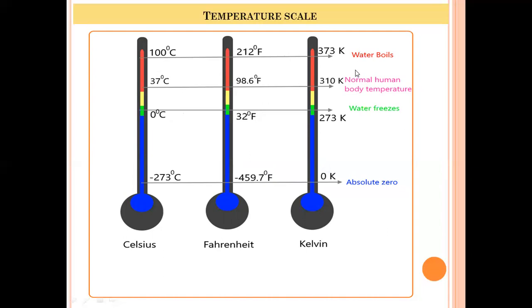Water starts boiling at 100 degrees Celsius, which is 212 degrees Fahrenheit, and on the Kelvin scale 373 Kelvin. So this is how temperature can be measured with the help of different scales.